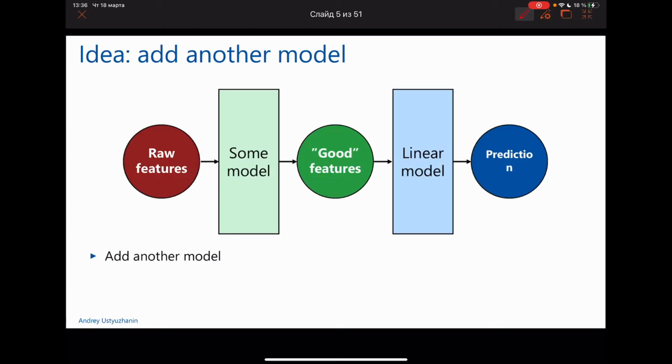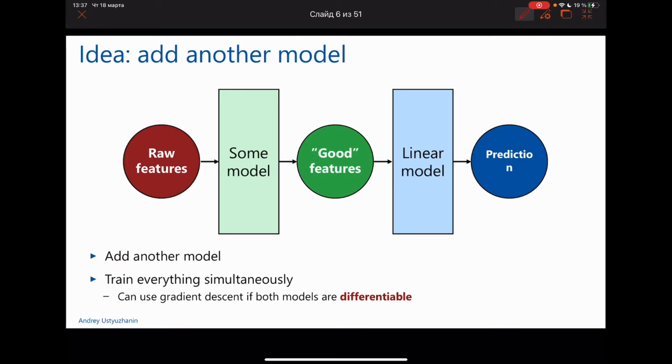So here is the very schematic representation. On the left we have raw features, and we feed into some model that designs better features, learns some meaningful representation, and then we send those good features into linear model, and it works as we discussed previously, giving predictions for our case.